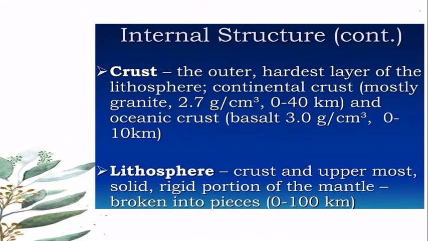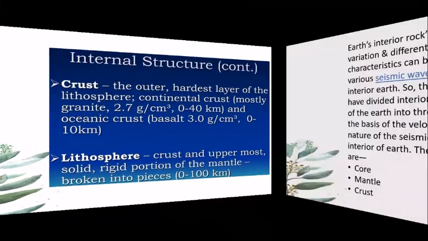Now we will know the difference between the crust and the lithosphere. The crust is the outer hardest layer, and the lithosphere is the crust and the uppermost solid rigid portion of the mantle zone. Previously you learned that the crust and upper mantle zone together form the lithosphere.